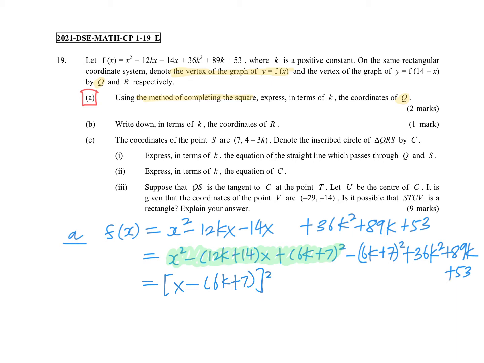For the rest, we simplify: 36k squared cancels with 36k squared, and minus 84k plus 89k gives 5k plus 4. So at the end, Q equals (6k plus 7, 5k plus 4). So that will be part A.